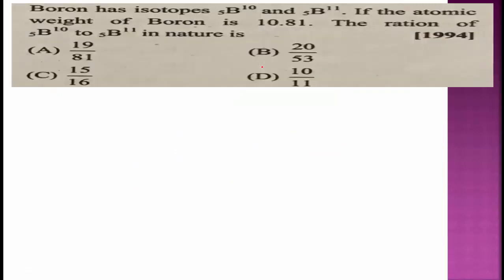And the next question is, boron has isotopes ₅B¹⁰ and ₅B¹¹. If the atomic weight of boron is 10.81, what is the ratio of ₅B¹⁰ to ₅B¹¹ in nature? Let the ratio be x is to y.